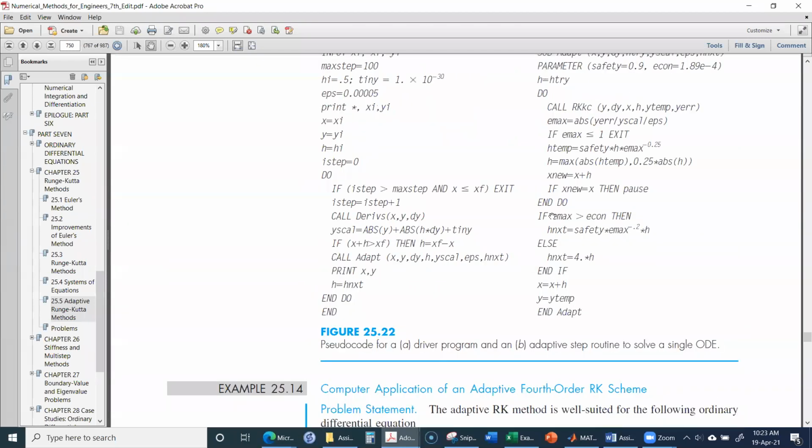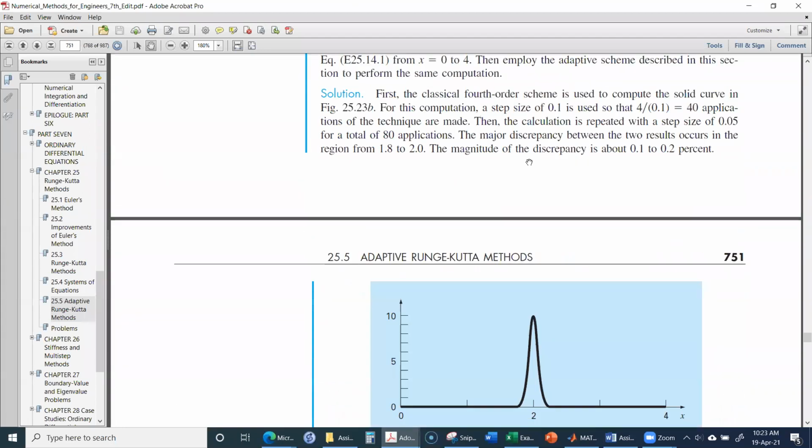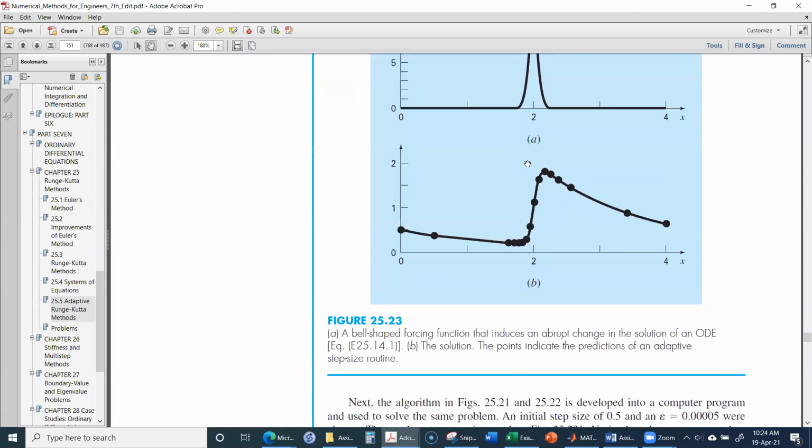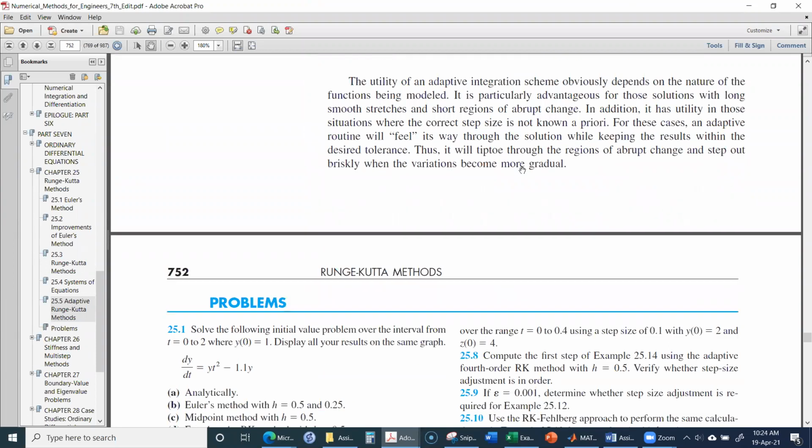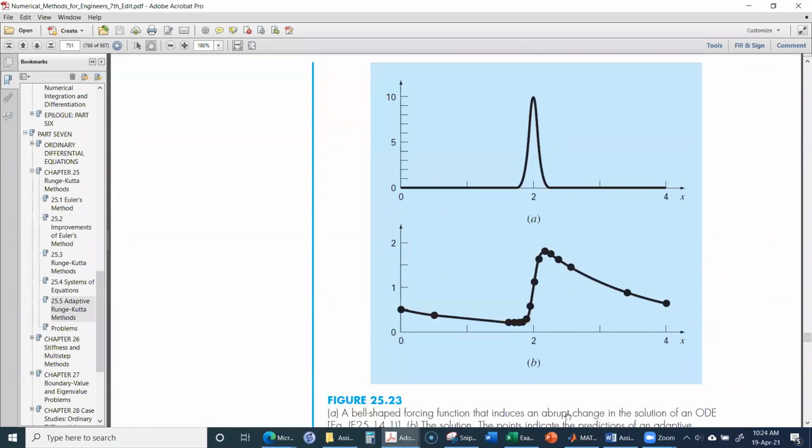We will not adopt this algorithm ourselves, but I can illustrate it to you on Matlab.